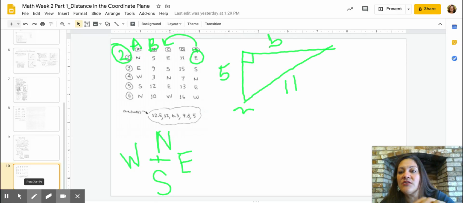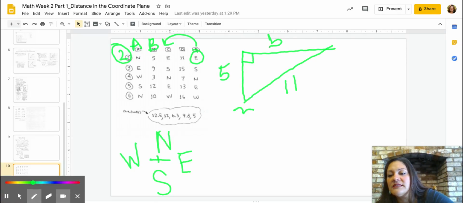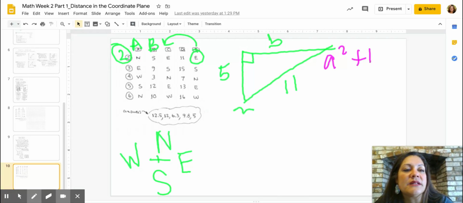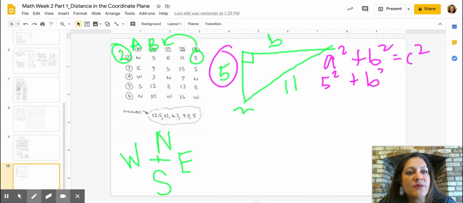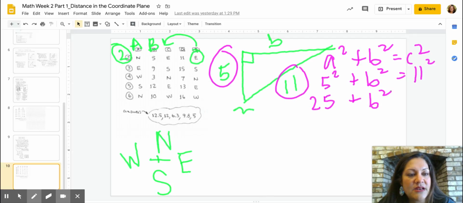Okay, so once we do our Pythagorean theorem, which is, of course, A squared plus B squared equals C squared, we're going to simply plug in these values. We know A, 5 squared, plus B squared, and we know C, 11 squared. So we have 25 plus B squared equals 121.